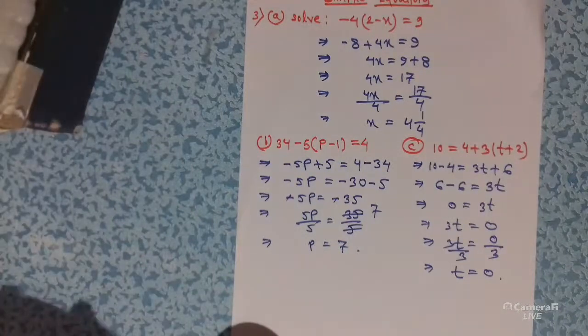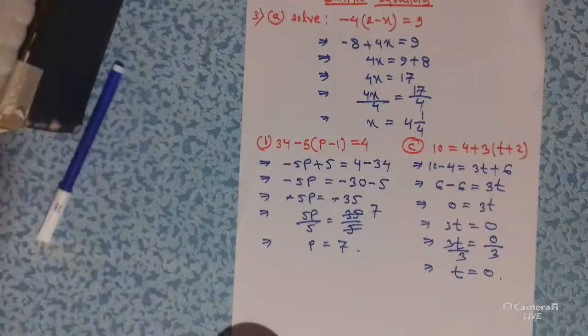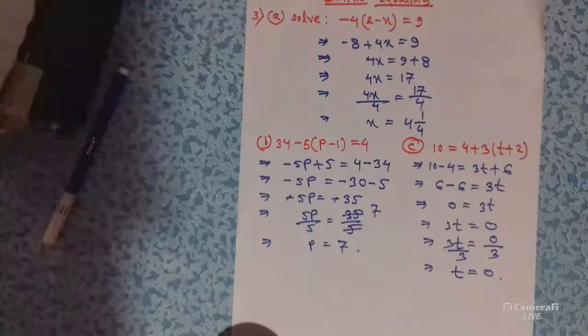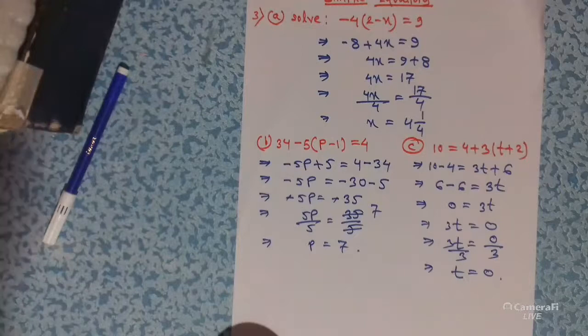Those students who sent 0, it is right, and those students who have sent 3, it is incorrect. So check your calculation students. You made some mistake, so you must check your calculation to find where your mistake is, and if you have any doubt you can ask me.